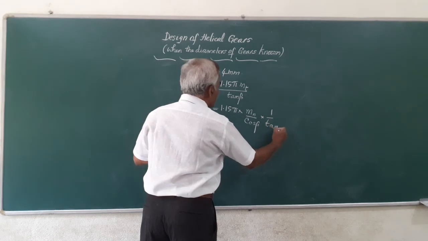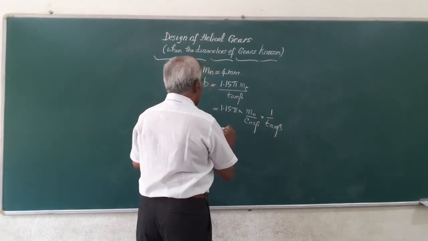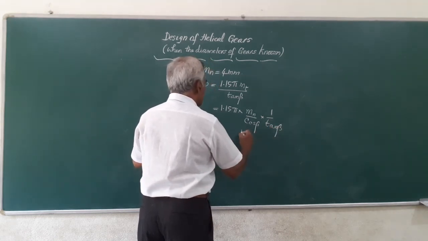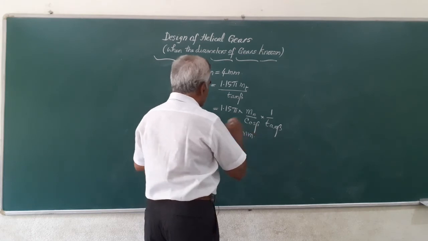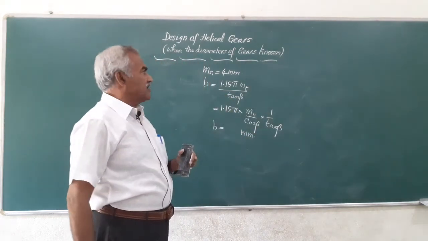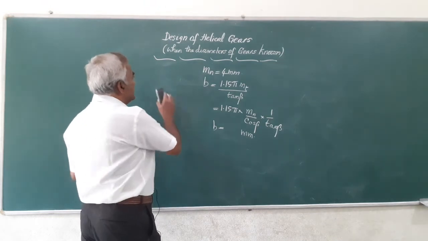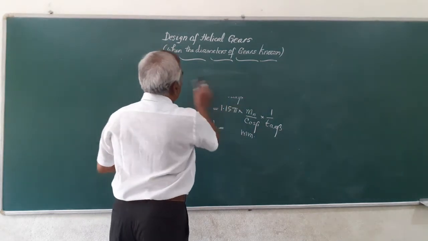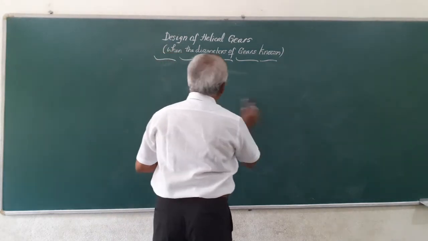You know the value of beta, you know mn, so you will get the value of b so many millimeter, because this value of face width is required to find out the dynamic load. Friends, you got the values of all this.